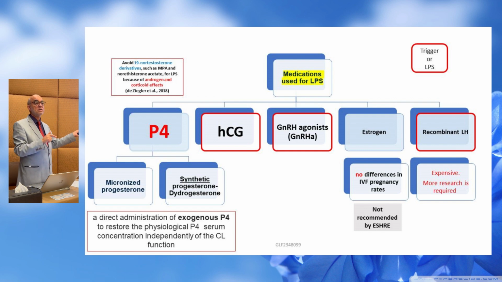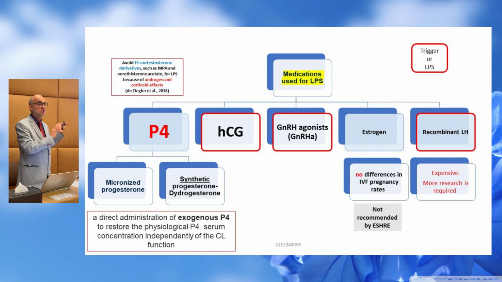Regarding recombinant LH, it's new under trials and not recommended by the ISHRI. Regarding estrogen, there is no sufficient data to support its role. I know that IVF doctors always give estrogen for the luteal phase to help support, because estrogen is responsible for priming the receptors for progesterone.